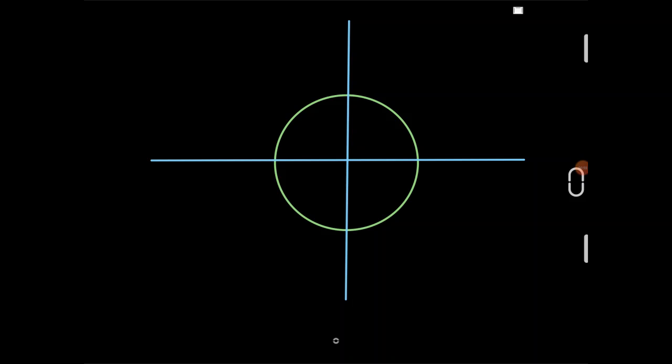This will be my imaginary axis, and this will be my real axis. Or x and y. If you write x and y, you should also know in your heart that it is real and imaginary.